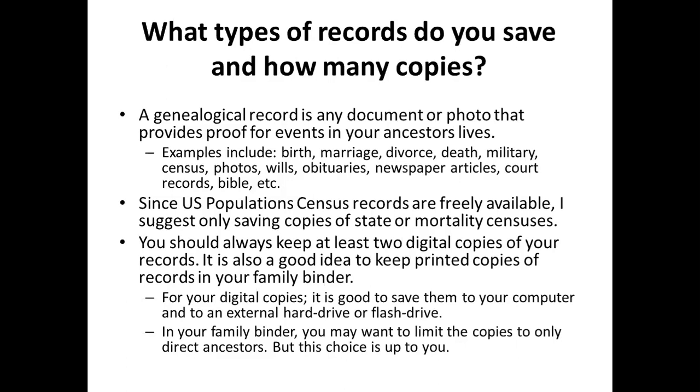It's something that showed your ancestor was alive, that they maybe corresponded or they had a relationship with somebody else. You're able to place them somewhere by proof of a record.